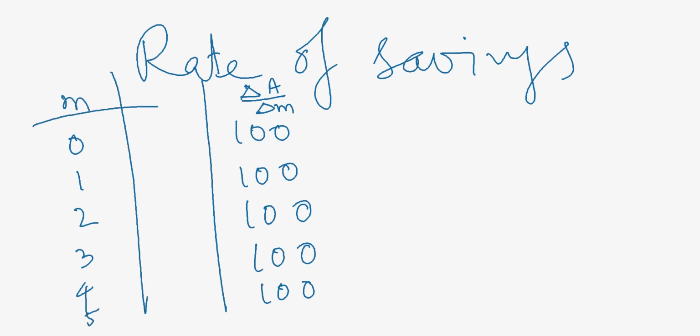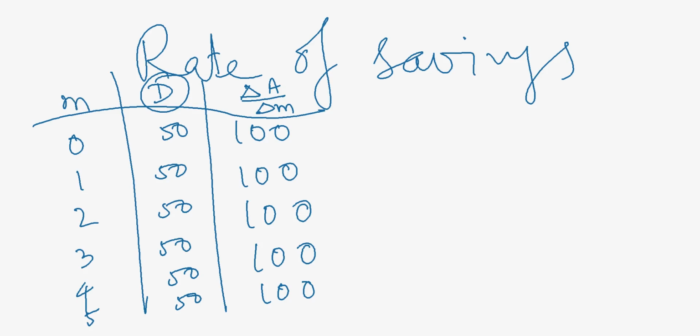Then for all the months, our initial deposit, the starting minimum balance, will always be 50, as an example. That is independent. Do you see that? This is always constant. That is why I write this as a constant parameter. So D is a fixed one, and also our gradient delta A by delta M is also fixed.